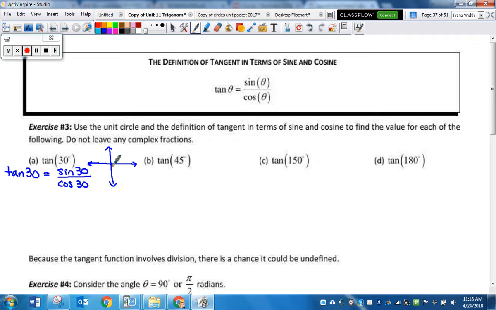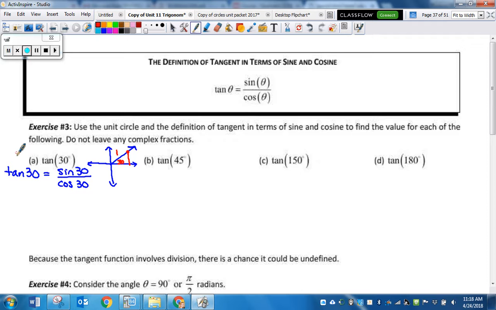Okay, so 30 degrees is in quadrant 1. I'm going to put myself on the unit circle so that it's nice and easy for me, right? And I know my angle is 30 degrees. That's my theta. It's also my reference angle because I'm in quadrant 1, right? They're the same thing in quadrant 1.